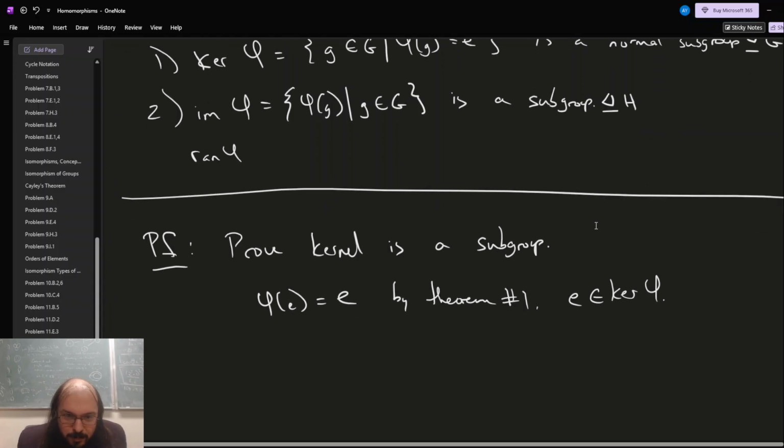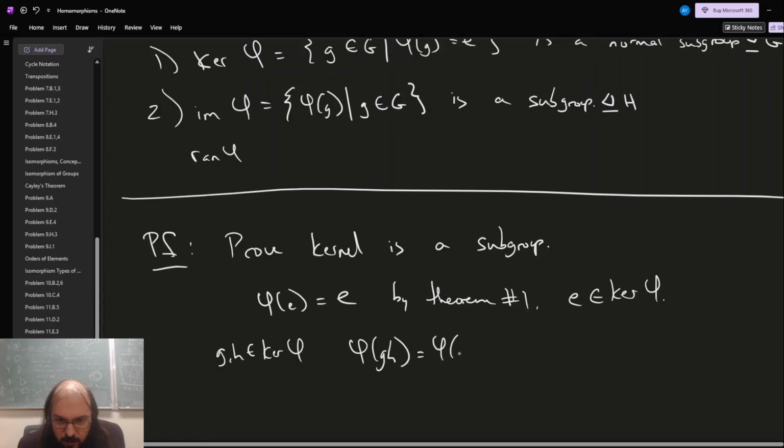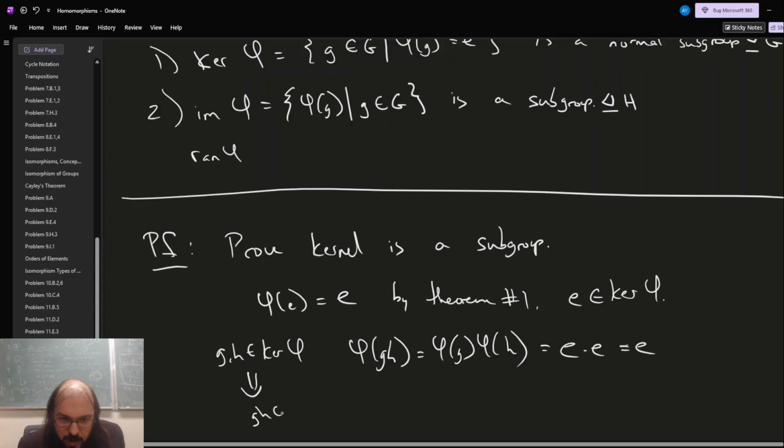And so that's good. Next, we have to see that if g and h belong to the kernel, so does their product. Well, phi of gh is phi of g times phi of h by definition, which is e times e, since they're both in the kernel, which is e. So gh belongs to the kernel as well.